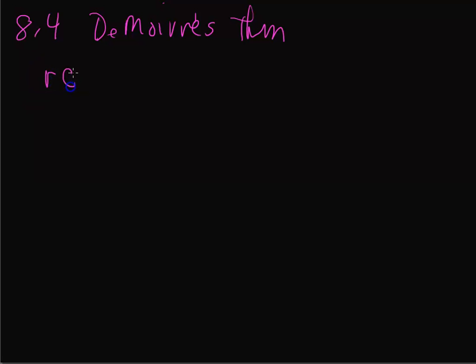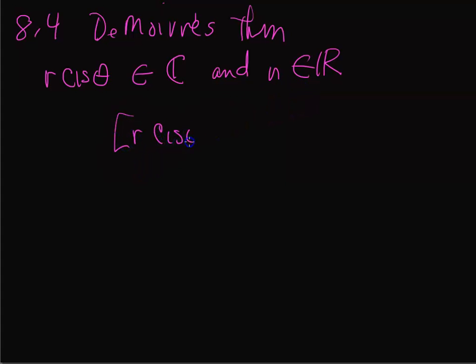Suppose r cis theta is an element of the set of complex numbers, and n is an element of the reals, then r cis theta to the nth is r to the n cis n theta.